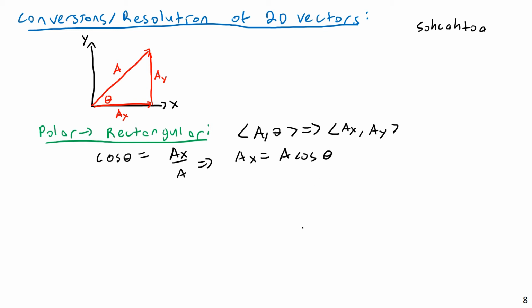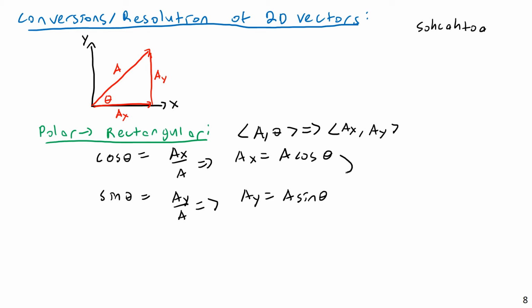You already saw this a bit previously when I was finding individual components, but let's just explicitly define it here. Then I could also take the sine of that angle, sine of theta, is equal to ay over a. And if I solve that for ay, I get that ay is equal to a sine theta.